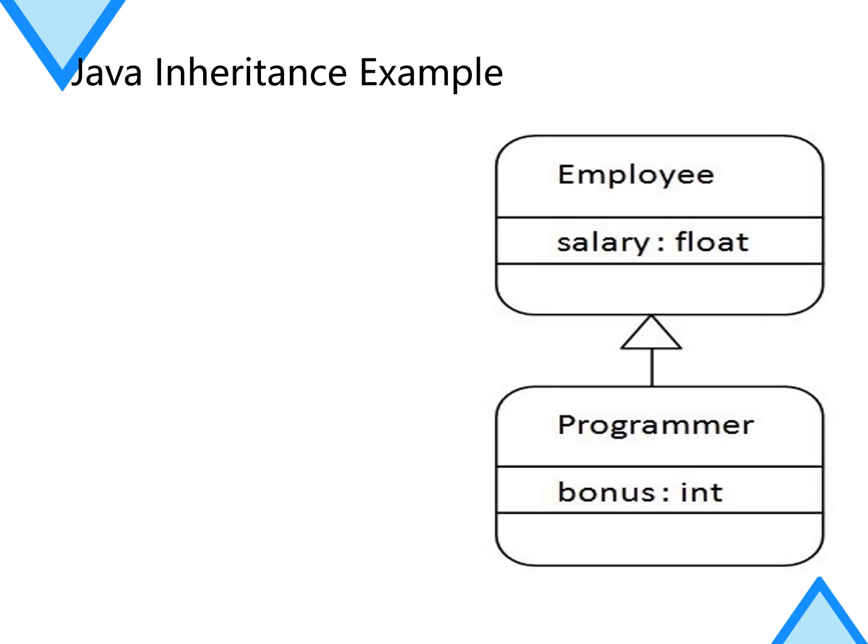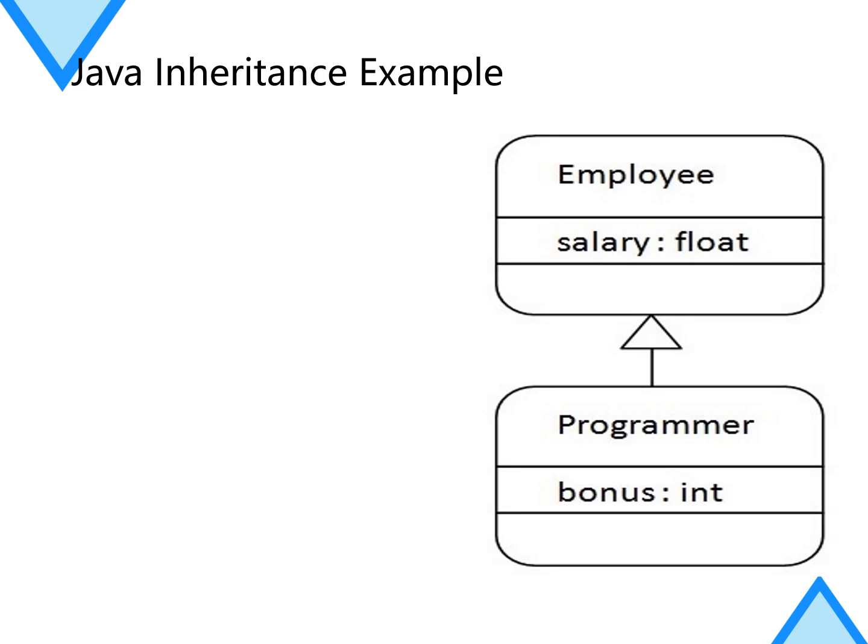Let's take some example. This is the class diagram of two classes. One of the classes is employee, and we have another class, programmer. So here, as the symbol indicates, we are extending the employee class through inheritance by the programmer, which is the subclass or child class.